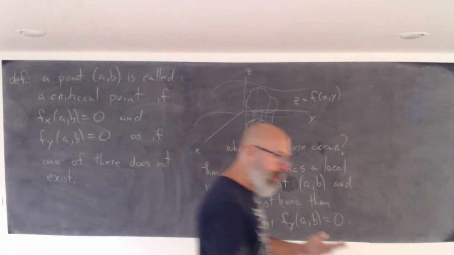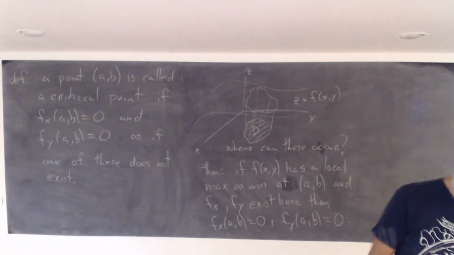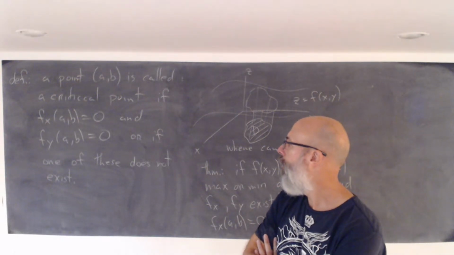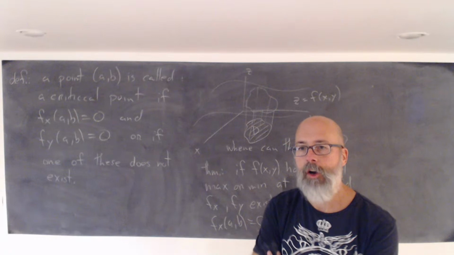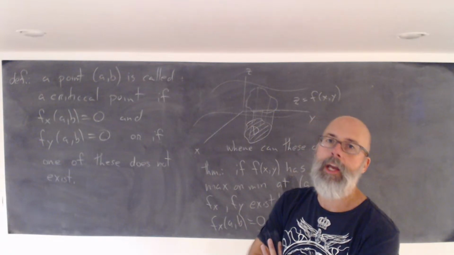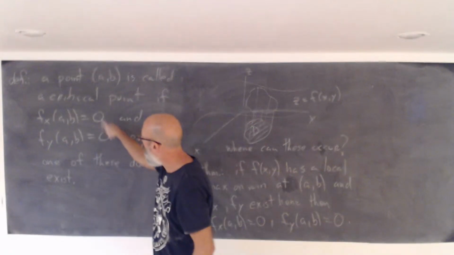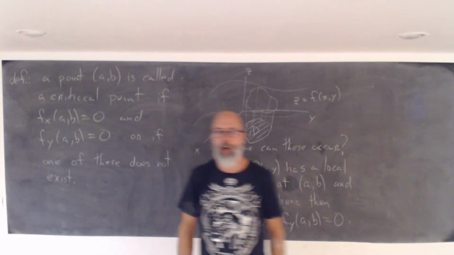So it's really the same definition as in the one variable case, right? A critical point is a point in the domain where the derivative is 0 or the derivative does not exist.